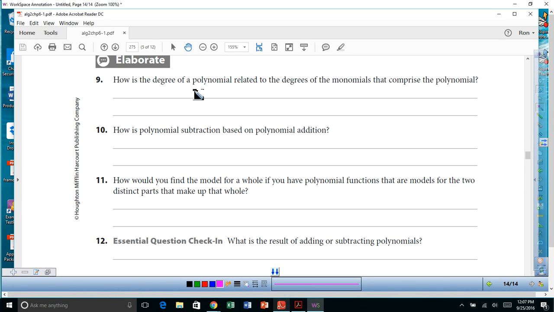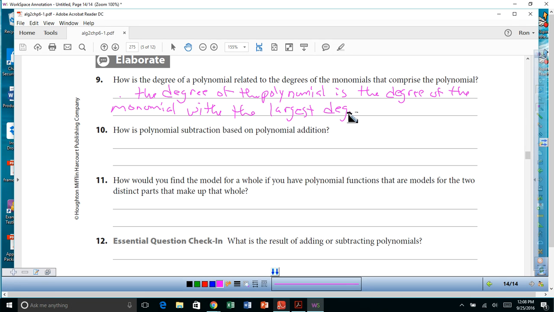Well, the degree of the polynomial is the largest degree of the monomials, the degree of the monomial with the largest degree. I hope that makes sense.